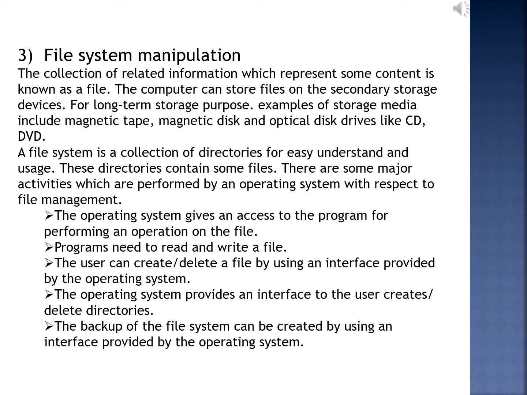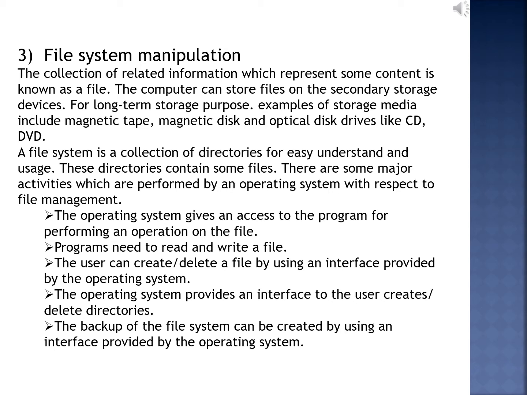Examples of this storage media include magnetic tape, magnetic disk, and optical disk drives like CD and DVD. All of you know that. A file system is a collection of directories for easy understanding and use. These directories contain some files.